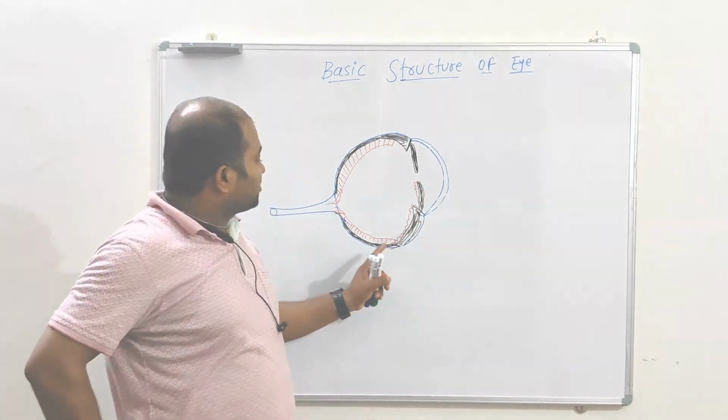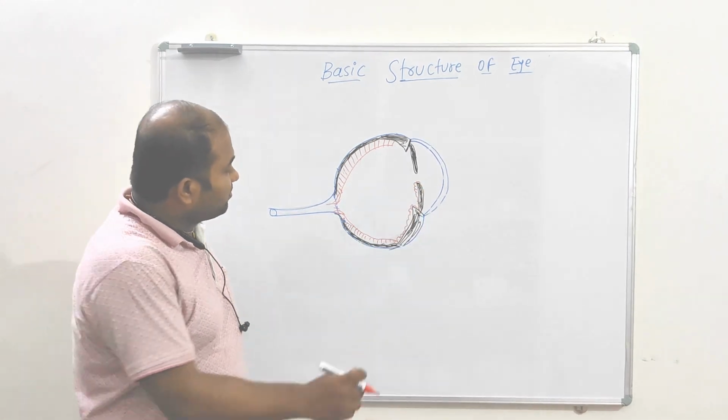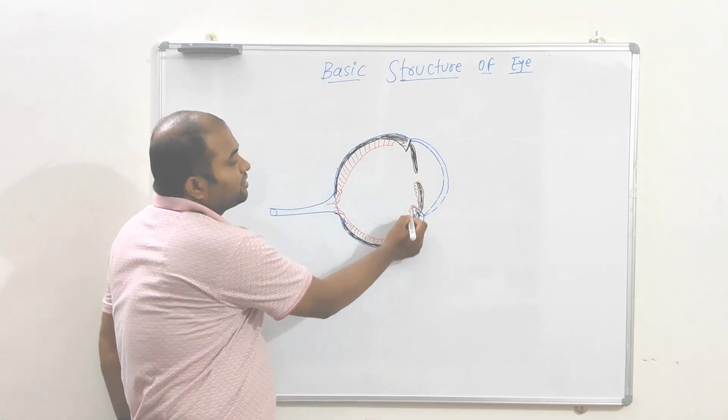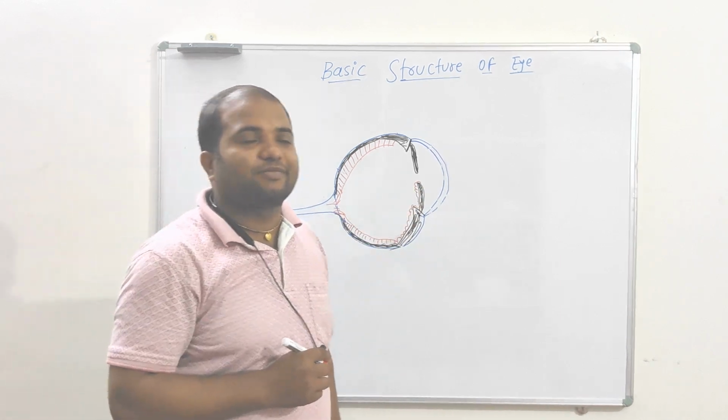Some authors believe this is the visual part and this is the non-visual part, while others believe the retina terminates here, and the epithelial part is just epithelium, not considered part of the retina.